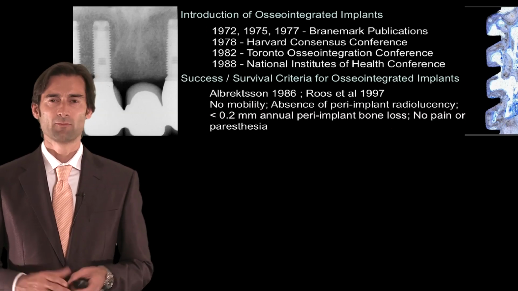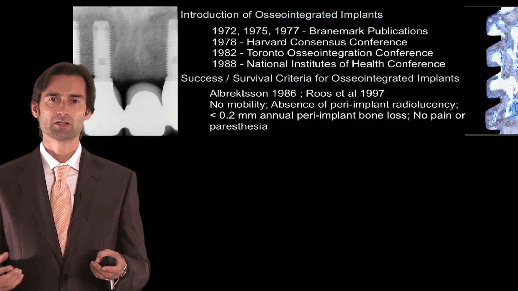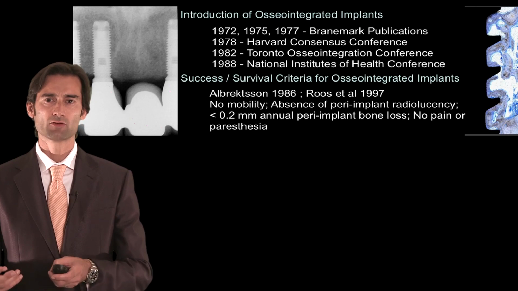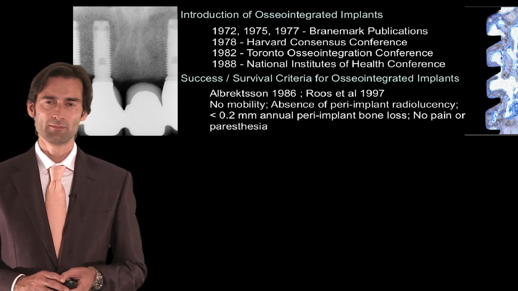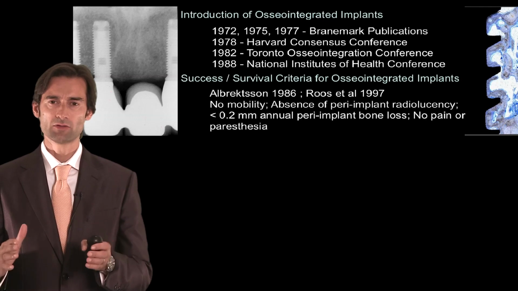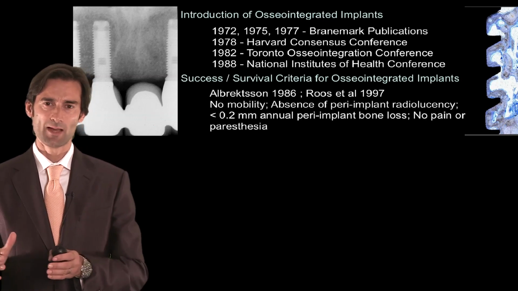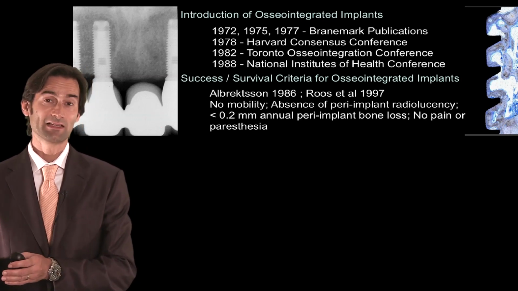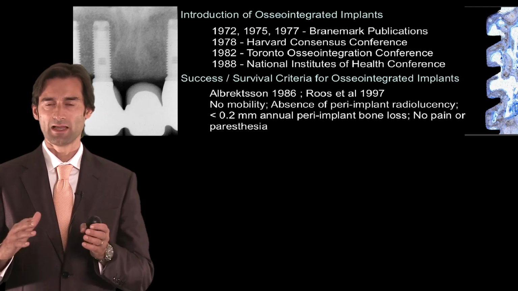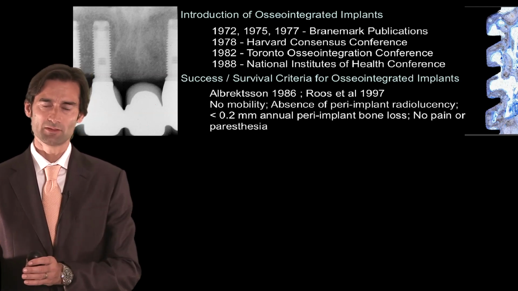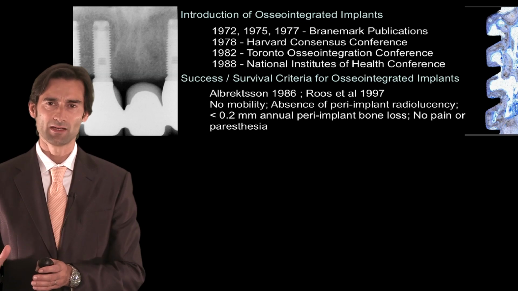Well, first, we can talk about what were the success and survival criteria for implants. And when we go back to some of the really well-known success criteria which were established by Albrektsson back in 1986, it's very important to see that everything was about the implants and about the bone and about the patient's quality of life.